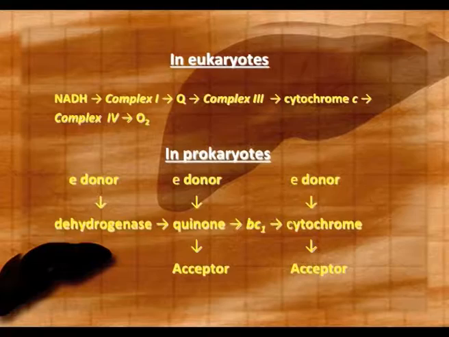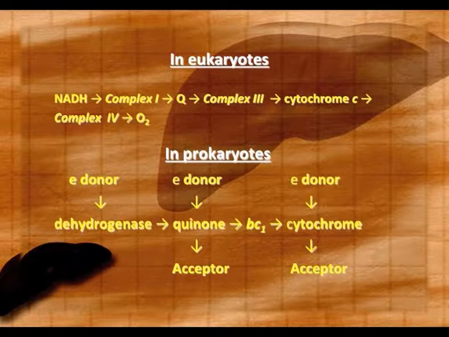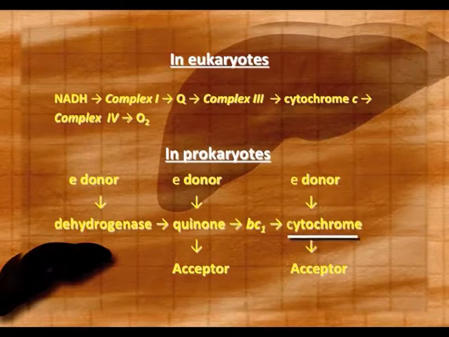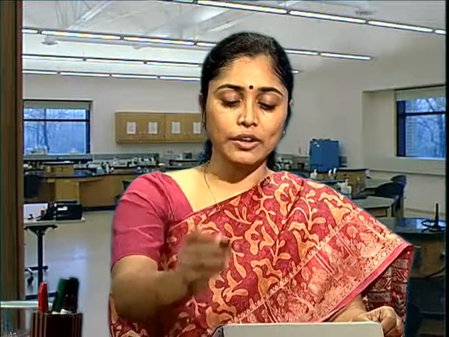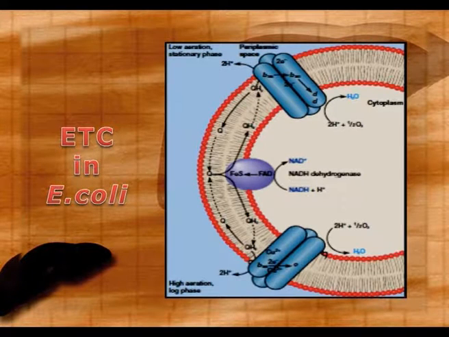Electrons can enter into the electron transport chain of a prokaryote at the level of a dehydrogenase enzyme, at the level of the quinone pool, and also at the level of a cytochrome electron carrier. A simplified version of the electron transport chain in E. coli has been shown here. E. coli has developed 2 different branches of the electron transport chain depending on the oxygen level.